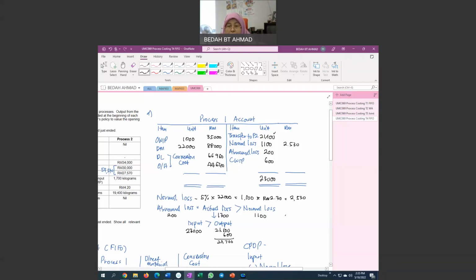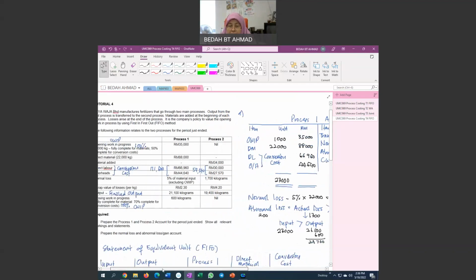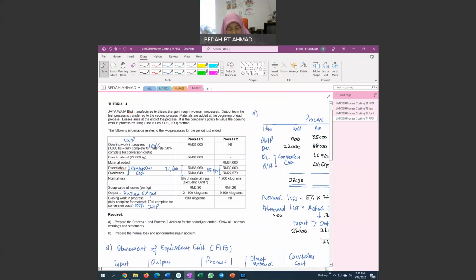So it must be equivalent to the debit side, which comes from the opening work in progress 1,000 and direct material 22,000, so 23,000. Now we have to determine the value for the transfer to process 2, the abnormal loss, and the closing work in progress. For this we need to prepare the statement of equivalent units.